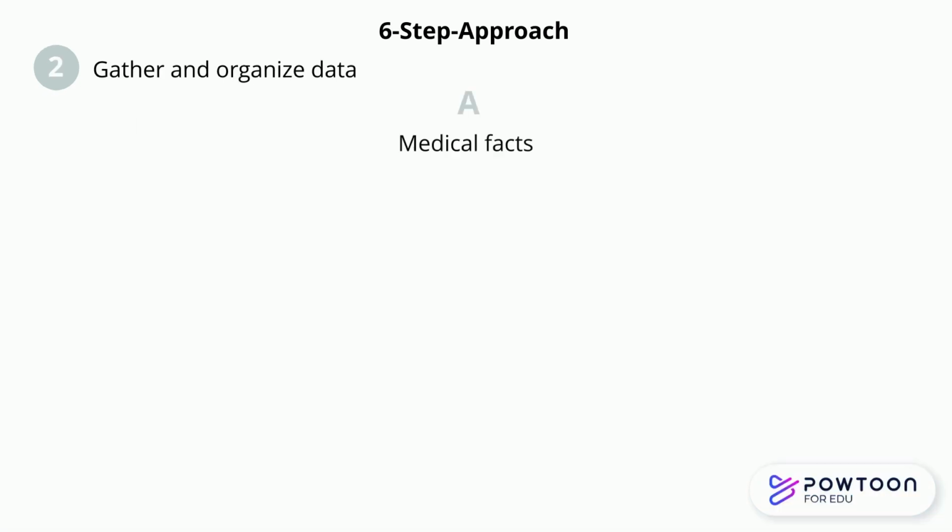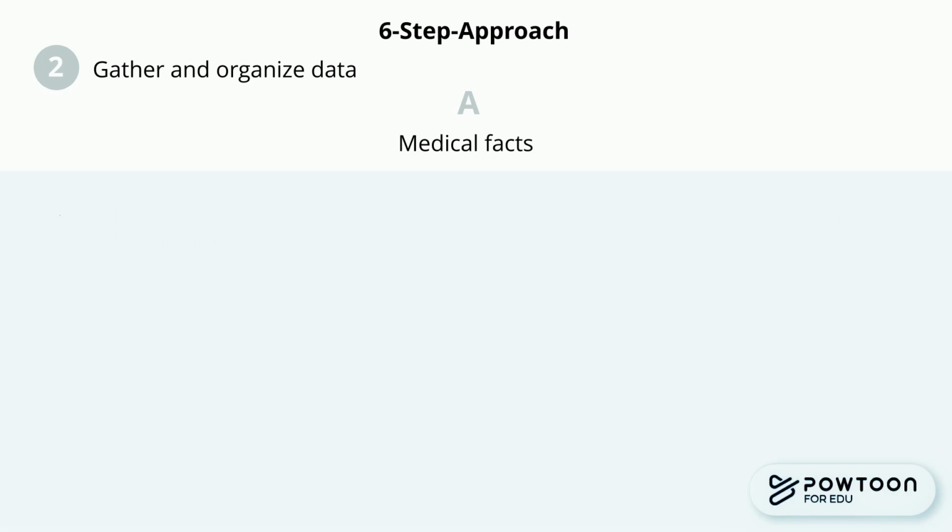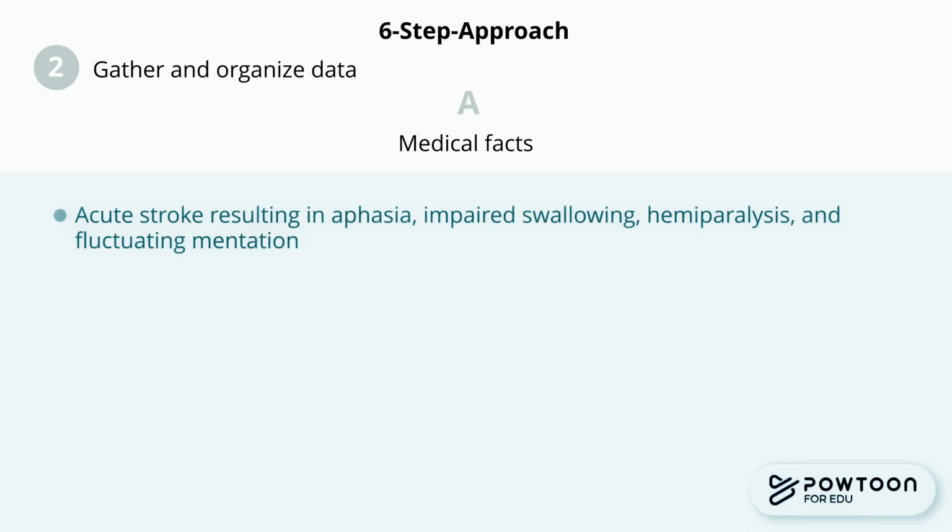First, the medical facts. They include the patient's condition, diagnosis, prognosis, mental and emotional status, decision-making capacity, as well as the benefits and burdens of treatment options and their probabilities of success. In our case, the patient has had an acute stroke resulting in aphasia, impaired swallowing, hemiparalysis, and fluctuating mentation.